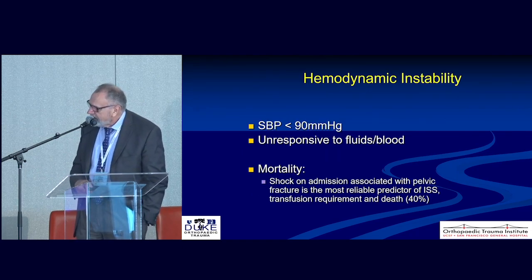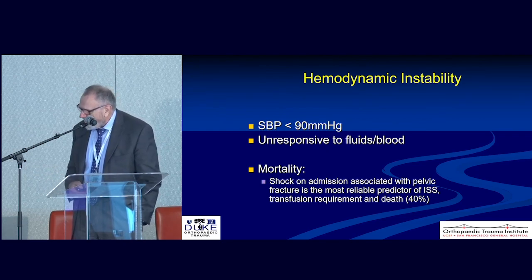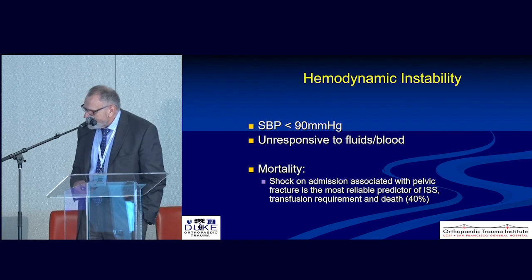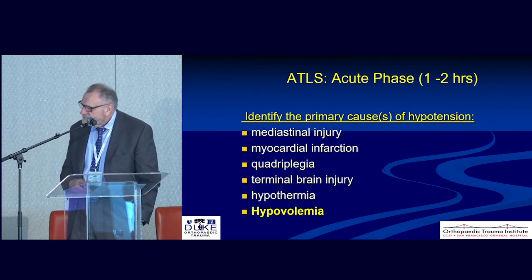Fair enough. So systolic blood pressure less than 90, unresponsive to fluids, is generally how most people will talk about hemodynamic instability. And of course, shock on admission is a big red flag. It's the most reliable predictor of an elevated ISS, of transfusion requirements, and mortality if we're not careful.